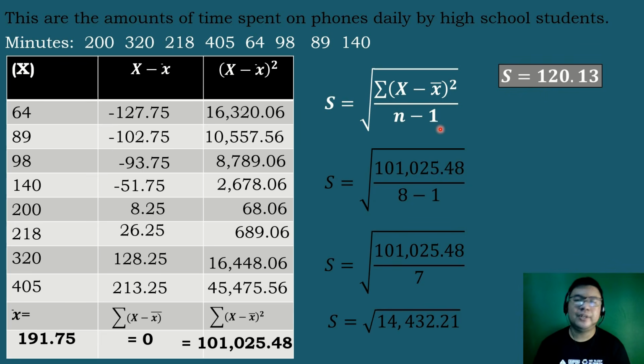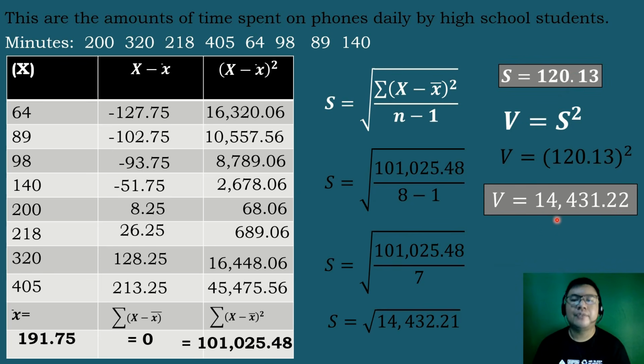So to compute for the variance, we will be using the formula V equals S squared, and we just need to square this number. 120.13 raised to the second power, multiplied by itself, will be 14,431.22. Therefore, the variance is equal to 14,431.22.